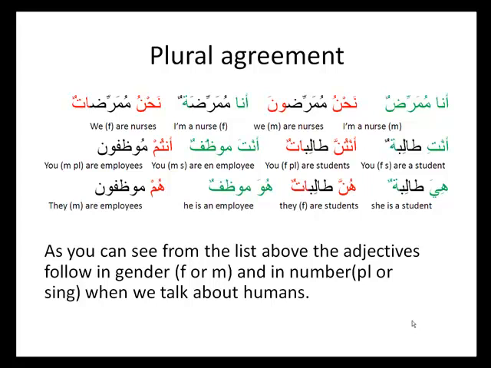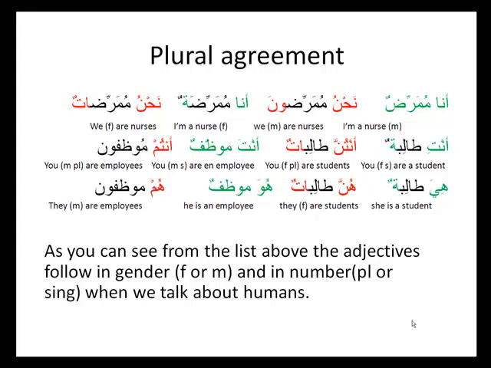If we have a group of male nurses, they would say nahnu mumarridun, we are nurses. A woman would say ana mumarrida, or ana mumarridatun, I am a nurse. Many female nurses would say nahnu mumarridat, we are nurses, female nurses.